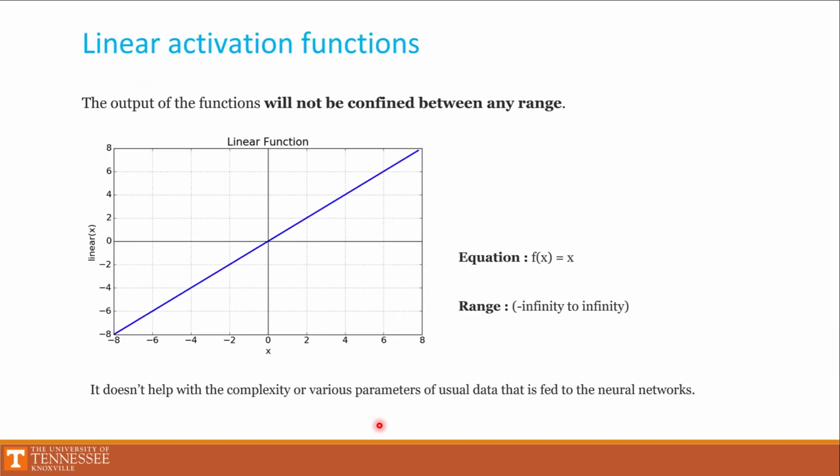Now, common activation functions that you would use: you're simply converting your y into a range. So here you can convert it with the simple equation f(x) = x. It's something very intuitive, and the range is from minus infinity to infinity. Last time you put it into sigmoid form, and this time you're converting into a linear function.